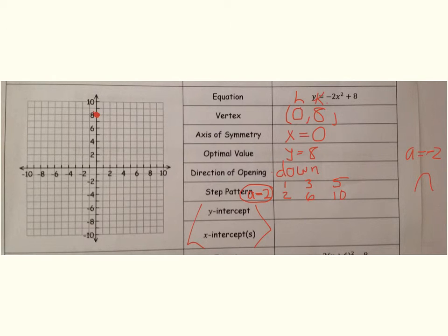So from my vertex, I'm going to go over 1 and down 2, over 1 and down 6, over 1 and down 10.